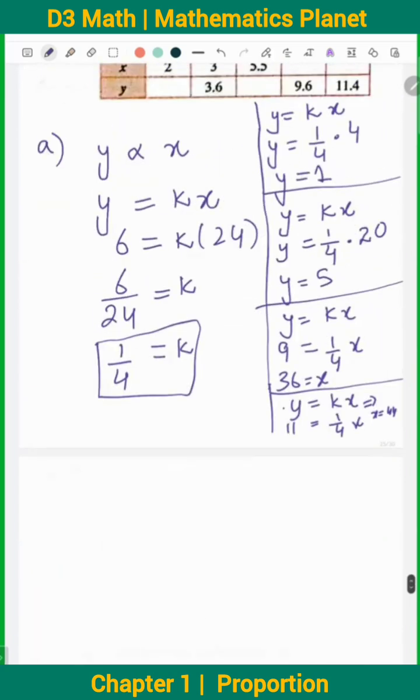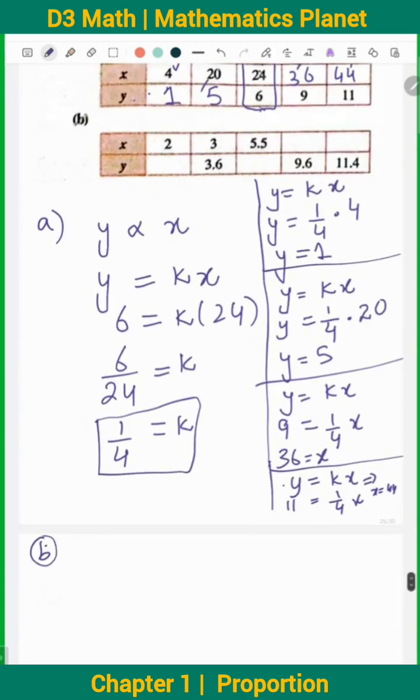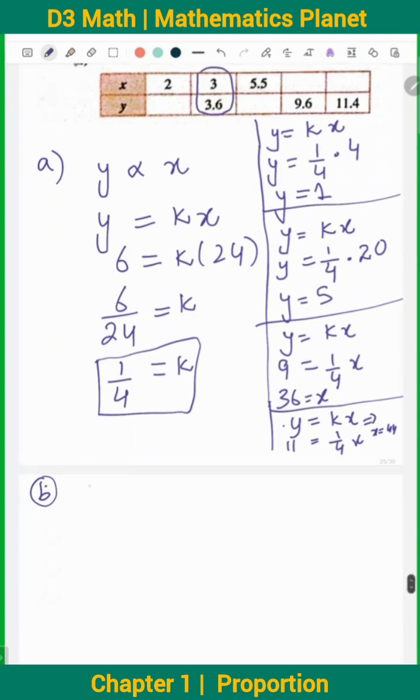Now coming to the B part. Again from the B part, I am going to choose the column in which I am given both of the values x and y. So the second column is 3 and 3.6. Yes. So y is equal to kx. Now k is equal to 3.6 divided by 3, the value of x.